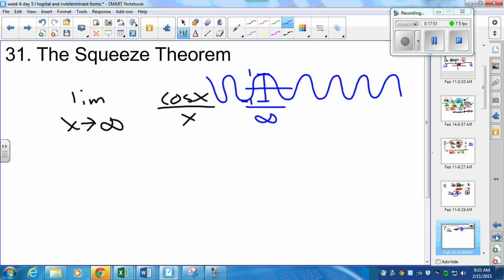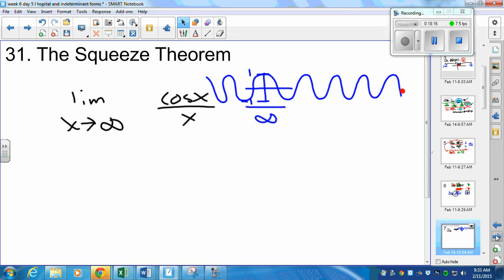And if you keep going, let's say I'm a little red dot here. Go to infinity, go to infinity, go to infinity. What does this red dot always bounce between? 1 and negative 1. So I have no idea what cosine of infinity is. So it's not one of the 6 original forms.